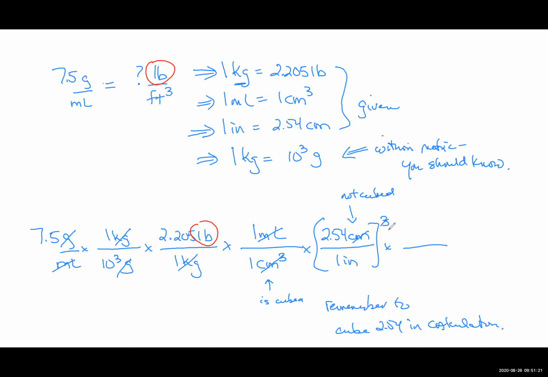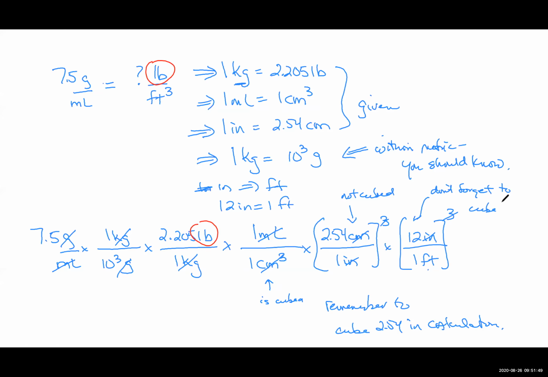I have to go from inches to feet, sorry. And you should know that there are 12 inches in 1 foot. So I'm going to put 12 inches on top and 1 foot on the bottom. And again, you have to remember that this has to be cubed. So that inches cubed will go with inches cubed. And now I'm going to have foot cubed.